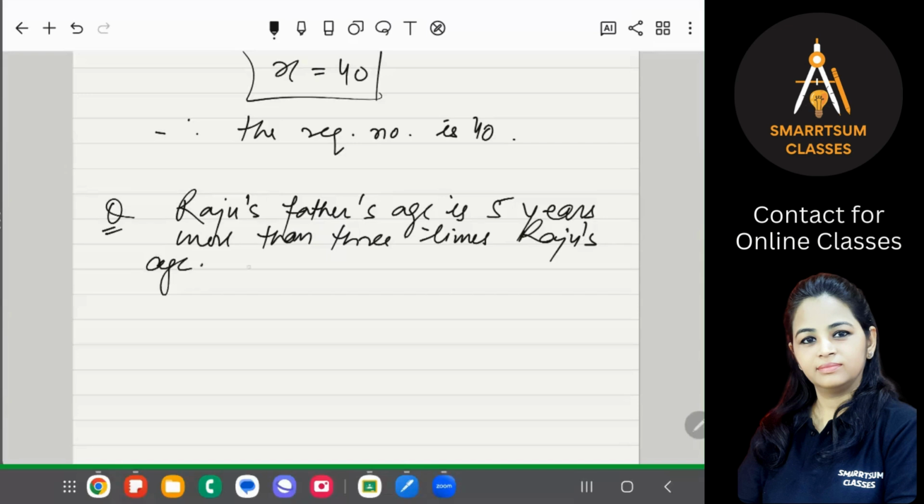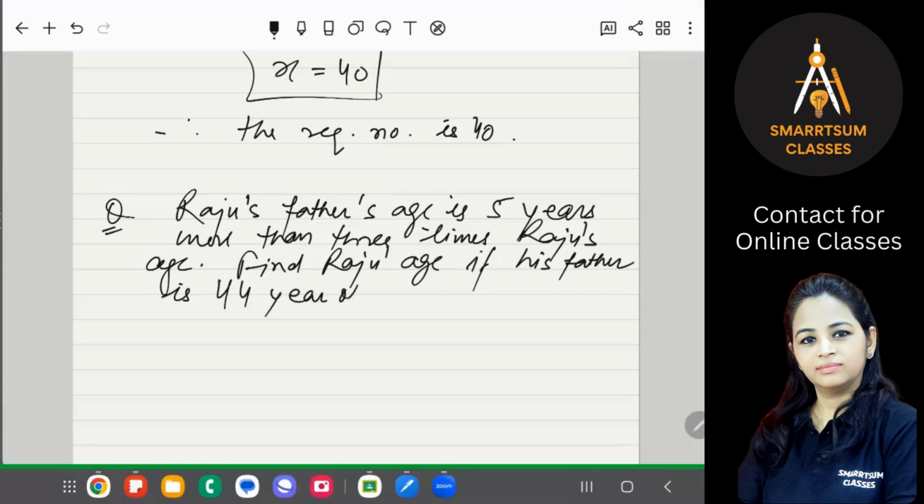Find Raju's age if his father is 44 years old. Okay? Now you have to find Raju's age. Right? Father's age is already given, that is 44 years. So we have to find here the age of Raju.